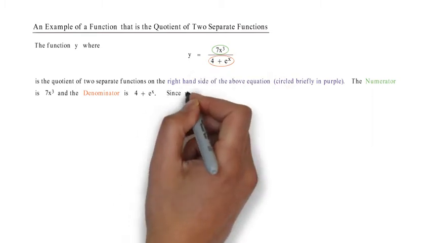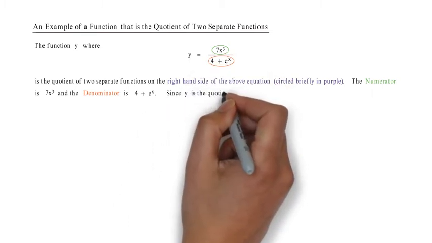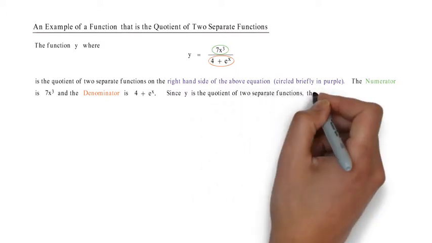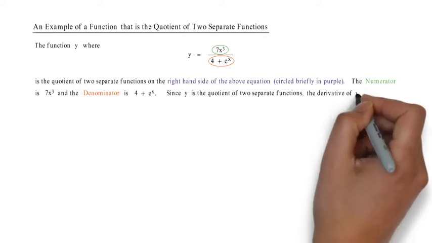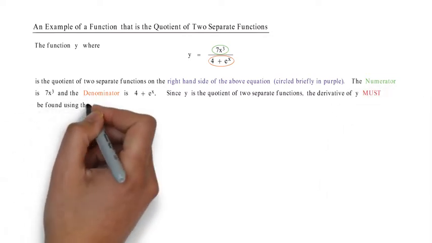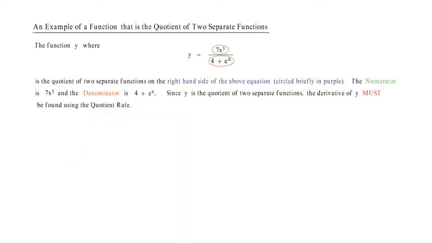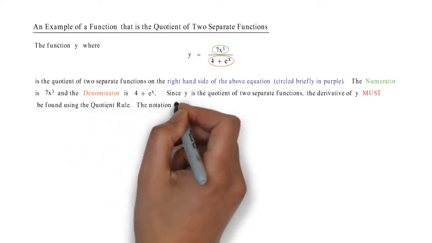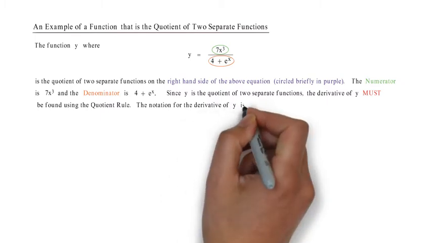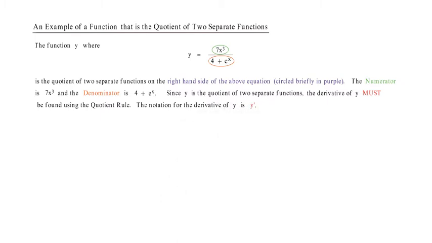Since y is the quotient of 2 separate functions, the derivative of y must be found using the quotient rule. The notation for the derivative of y is y dash x or dy by dx.